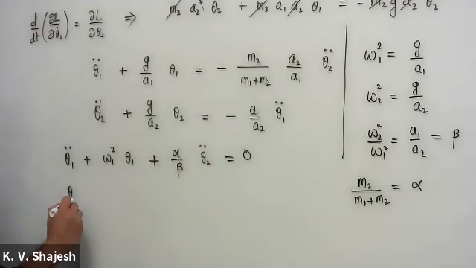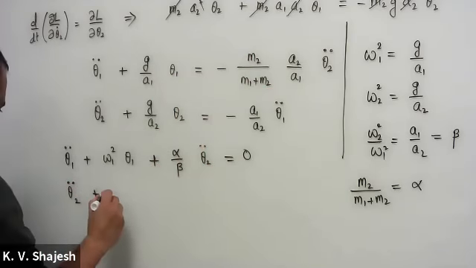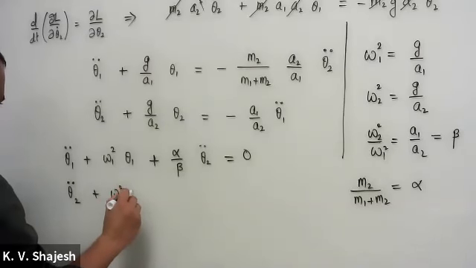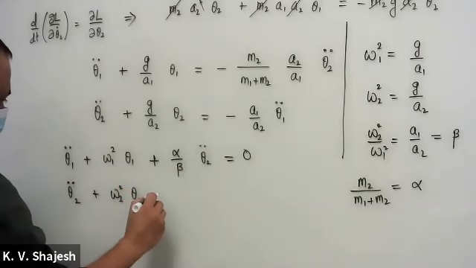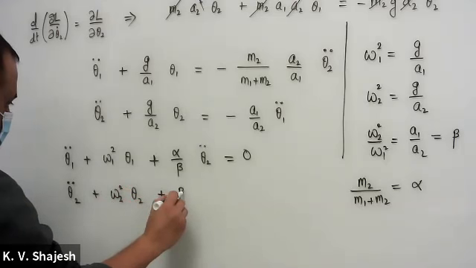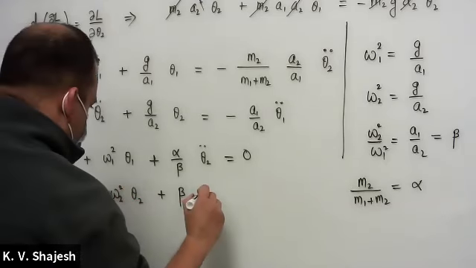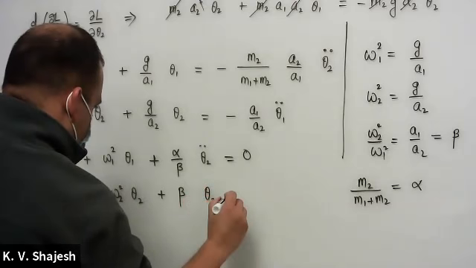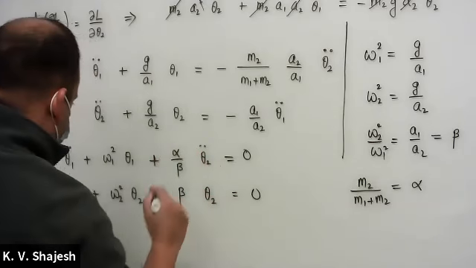And this one is very similar: theta 2 double dot plus omega 2 squared theta 2 plus beta theta 1 is equal to 0.